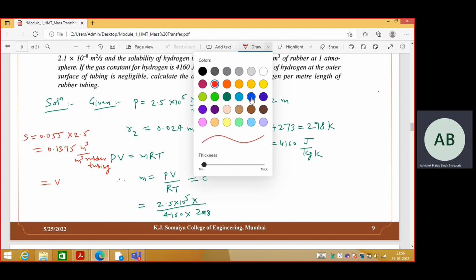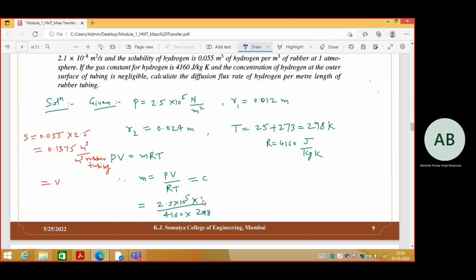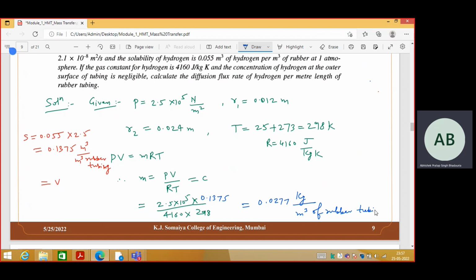We'll put the value here and calculate. The calculated value is 0.0277 kg per meter cube of rubber tubing.